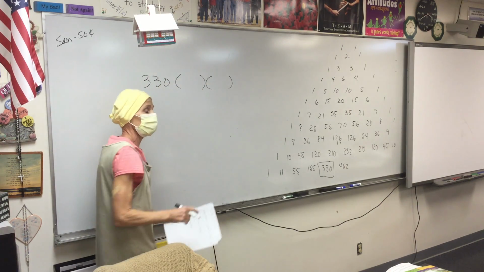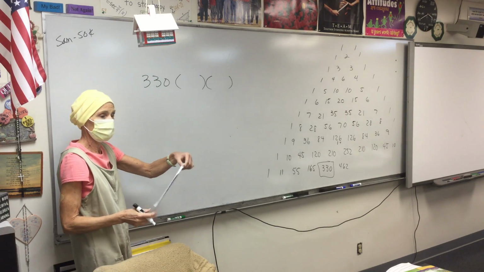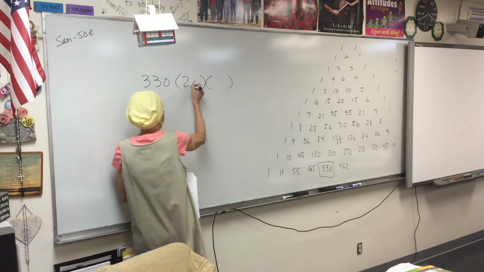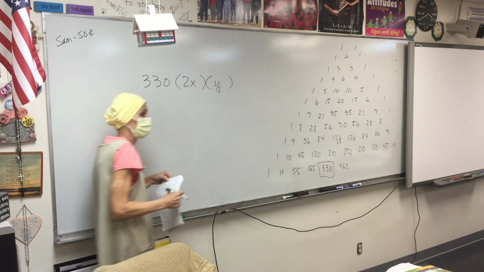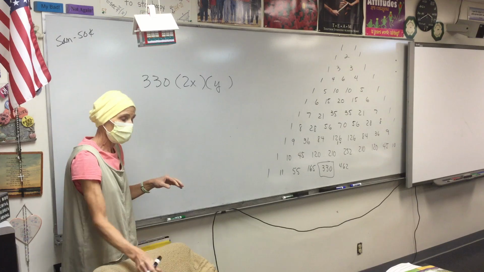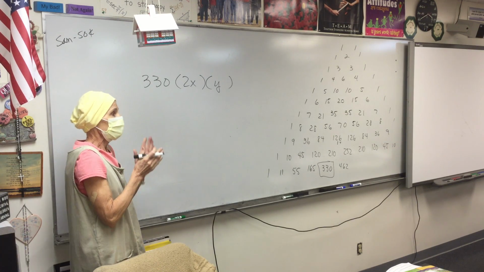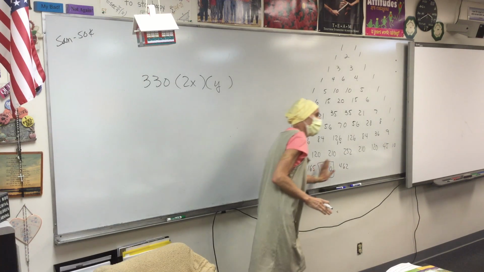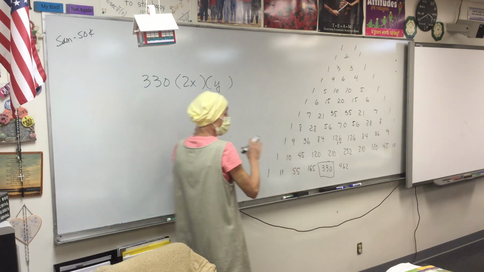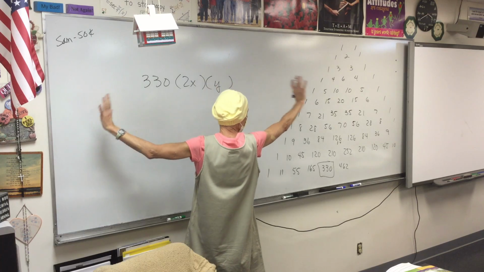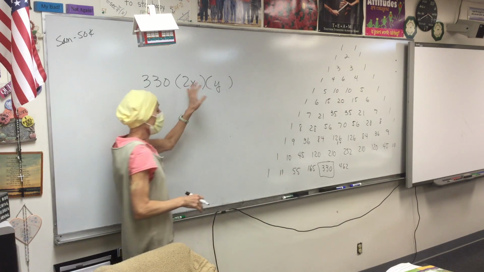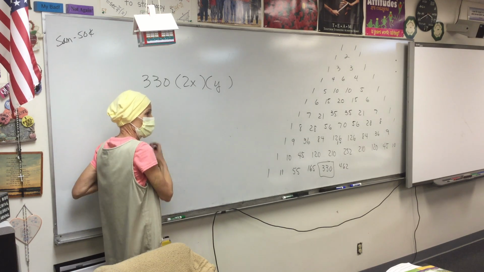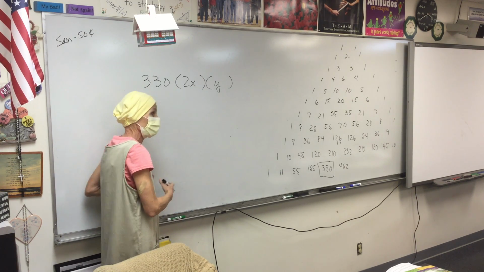Now, what are the two parts of this problem? Not x and y, 2x and y. All right, now pay attention. If you wrote out the whole row, like we did in our last problems, what would be the power on the 2x in the very first term? 11.